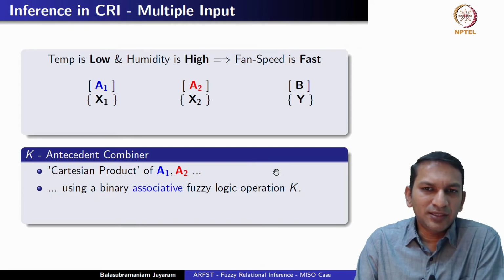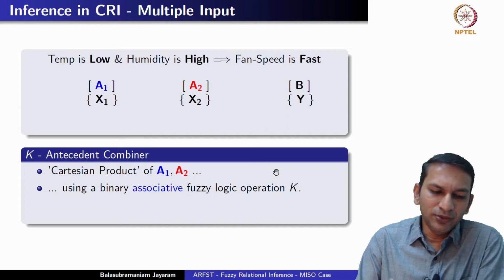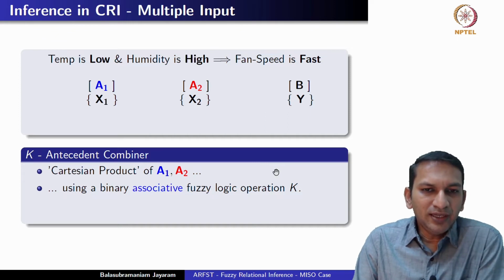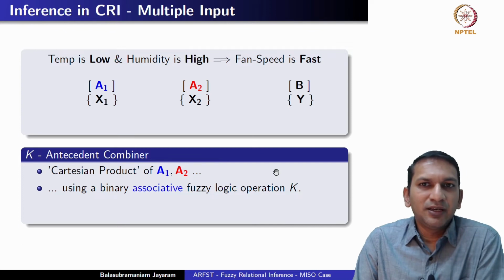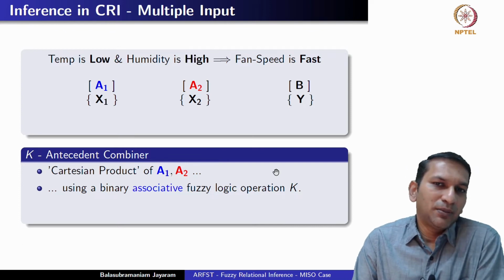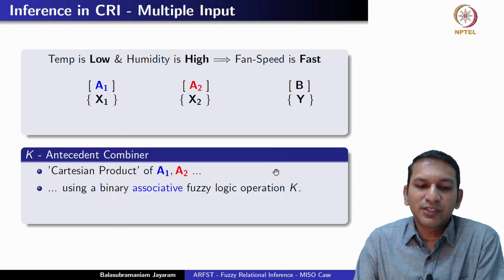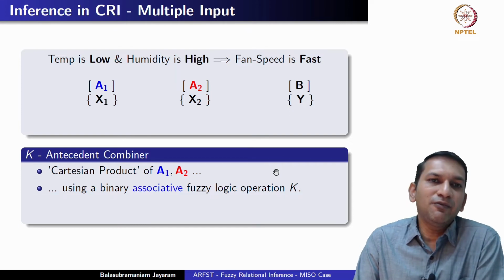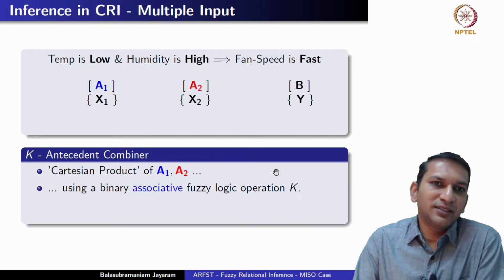For the moment, let's stick with just these two dimensions, a1 and a2. We can combine these antecedents using a binary fuzzy logic connector, but a binary associative fuzzy logic connector. Why associative? Because we might have more than two antecedents here.